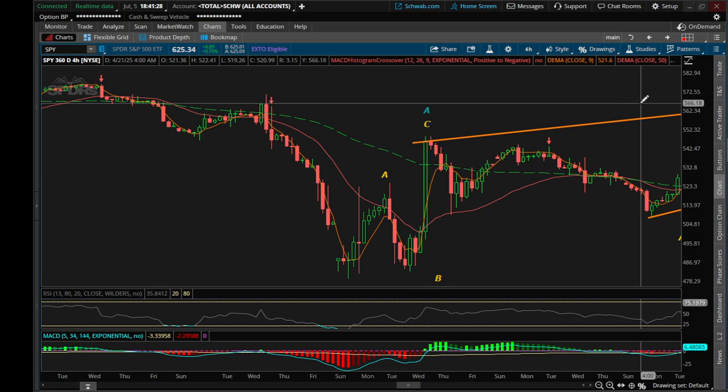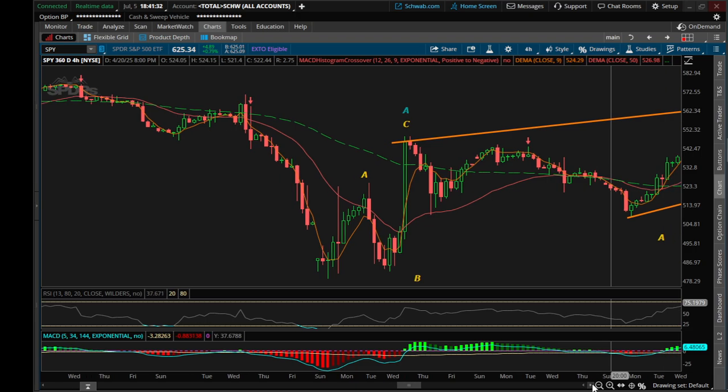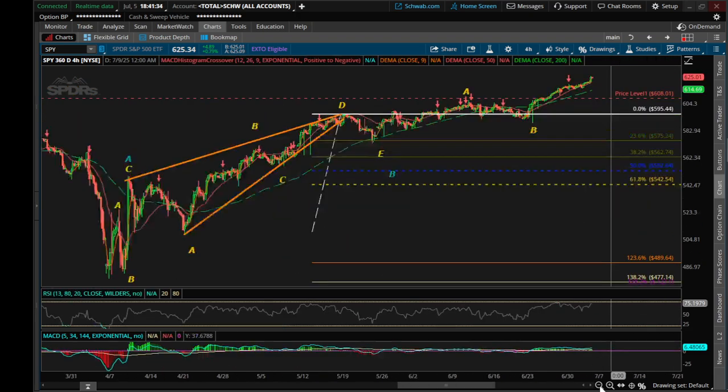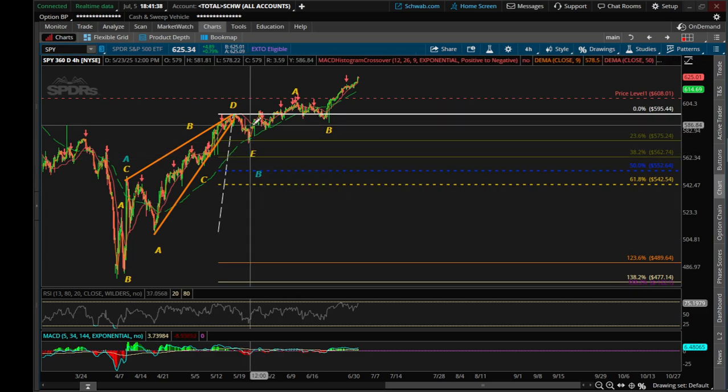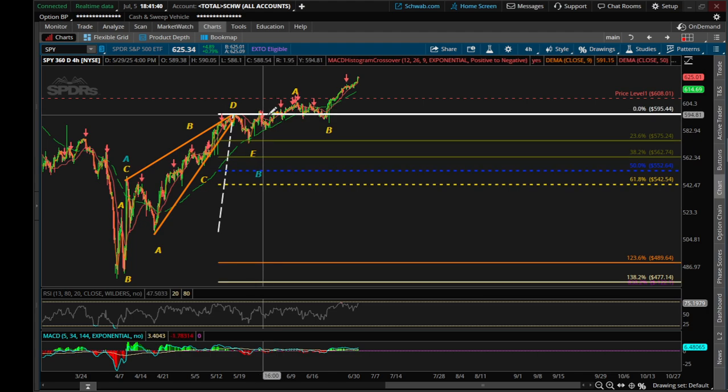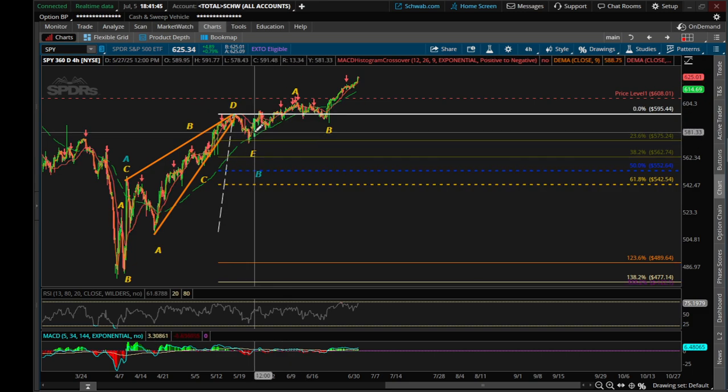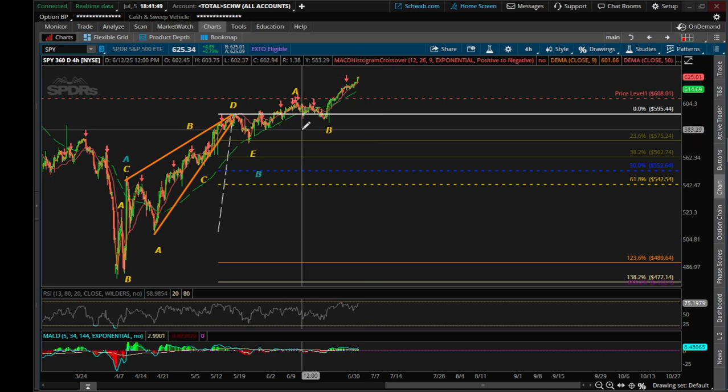So instead of having it after the triangle, we got it before. Subtle difference. So now we don't really have that curve right off the bat, but it's kind of a cycle here for this next move up for this C leg.